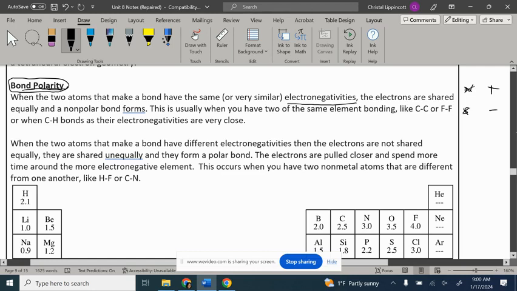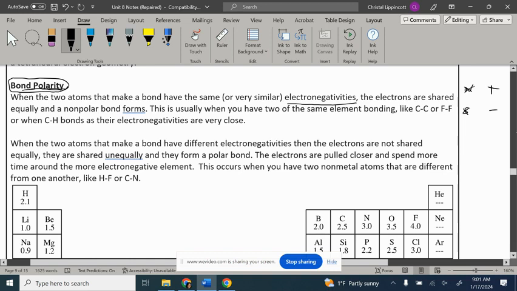So like I said, when you do this, you're going to end up looking at the electronegativity differences. When those electronegativity differences are the same, then you have a nonpolar bond. When they are different, you have a polar bond.